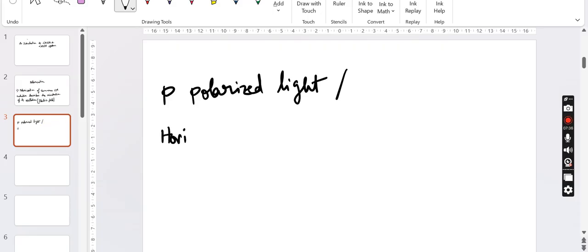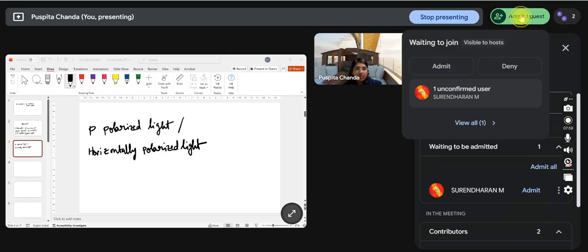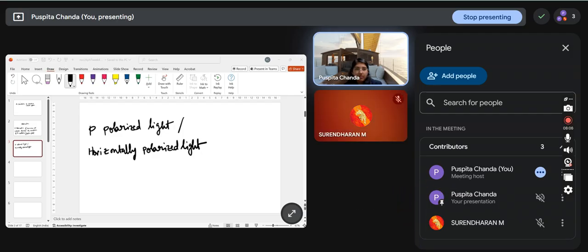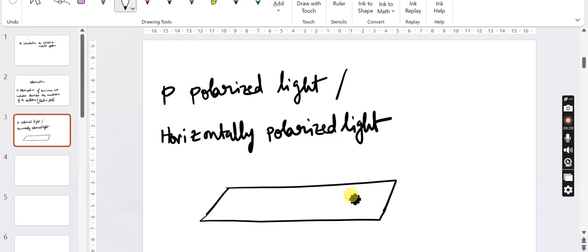In horizontally polarized light, the electric field oscillates in the horizontal plane.